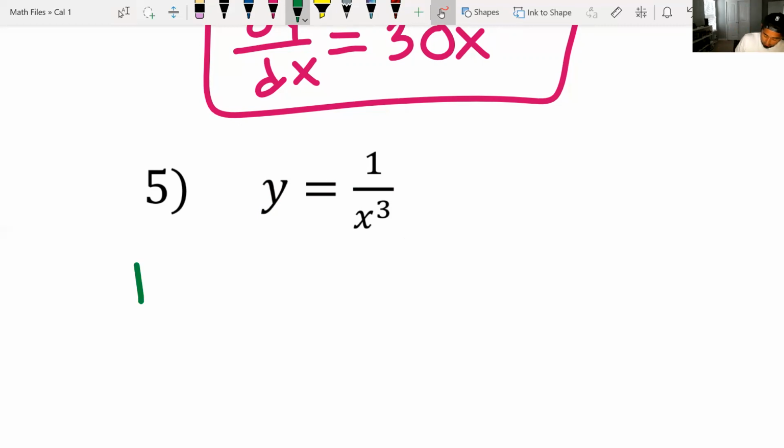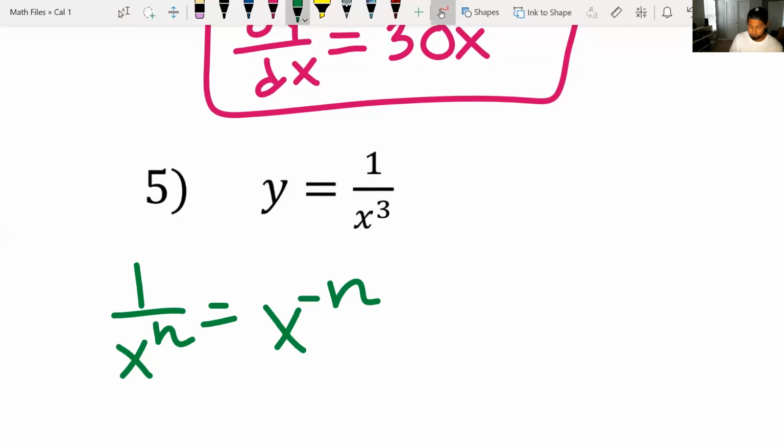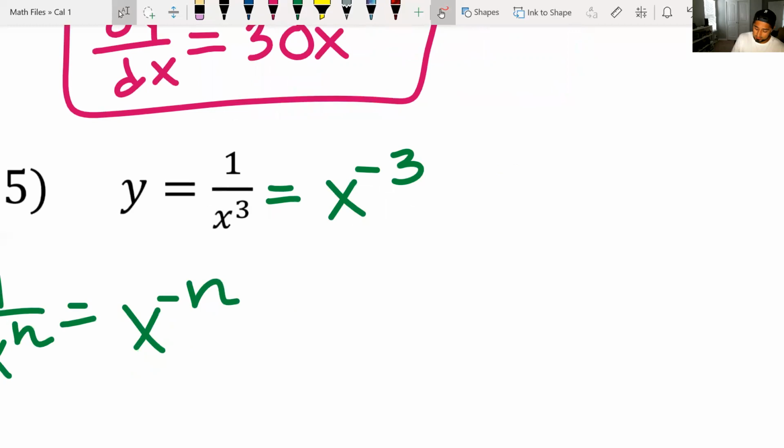Remember that 1 over x to the n can be rewritten as x to the negative n, which means we can rewrite this as x to the negative 3. And now we can find the derivative, which, playing around with notation again, we'll say y prime is equal to, and now using the power rule, the negative 3 will come down.